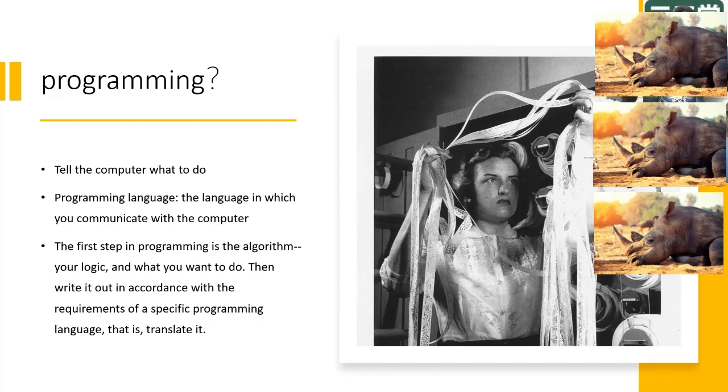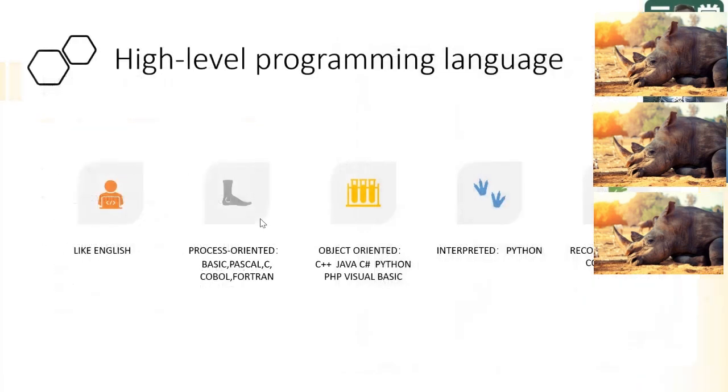It cannot understand whether you are talking English or Mandarin. So we need a language that both you and the computer know, because we need to communicate with the computer. We speak in this language, and the computer knows what you mean and what you want to do. That is a programming language. You can think of it as like Mandarin or English, but it has a different grammar from English. There are lots of programming languages.